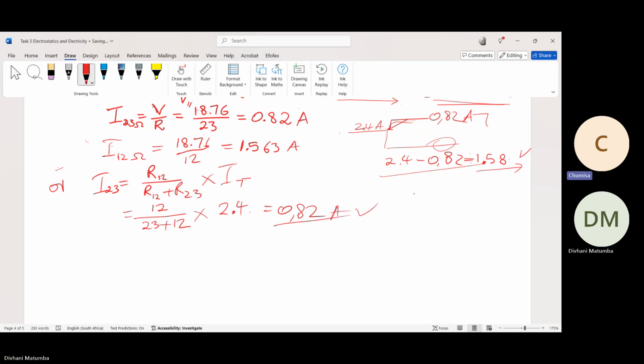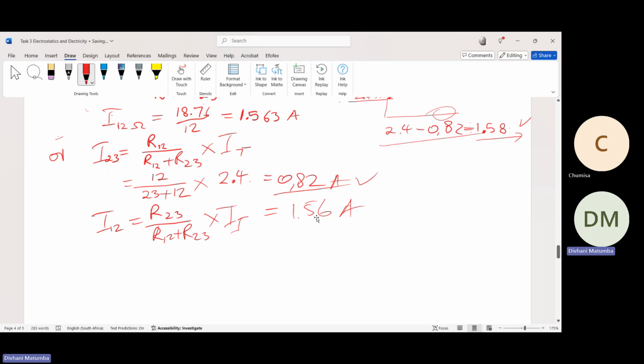I used to use these shortcuts and they work. So for 12, I'll just say R23 all over R12 plus R23, times I total. You'll get the same thing. I think it will be 1.5 something. There are so many ways to skin a cat.